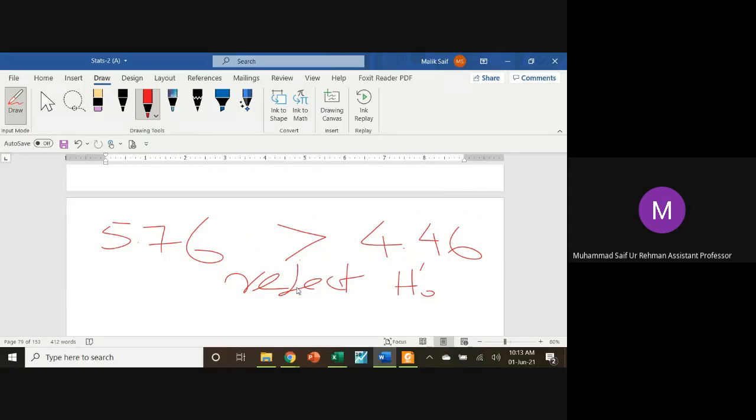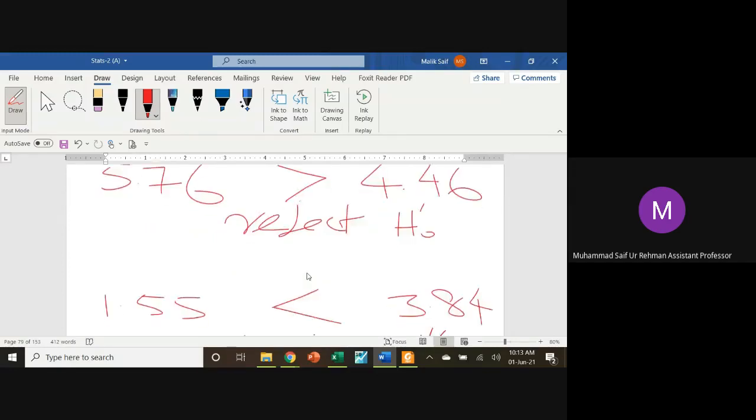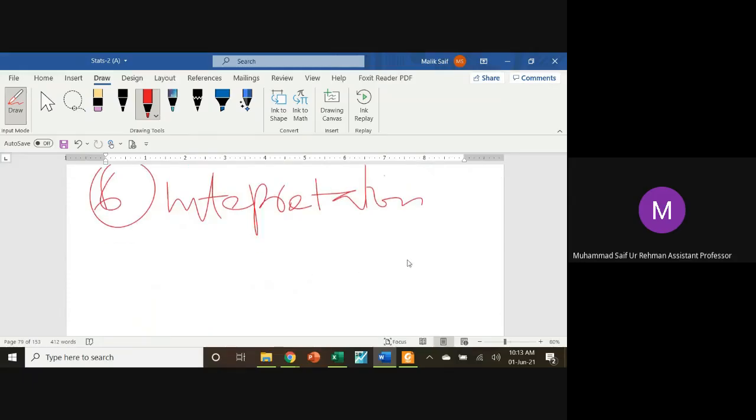There is no significant difference in production between shifts. So it means it doesn't matter which shift is there. There is no difference.